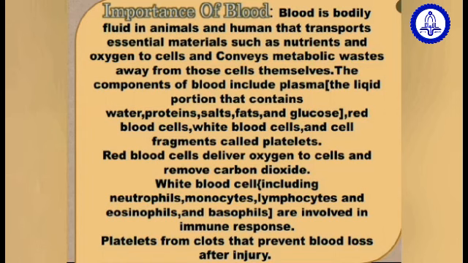Red blood cells deliver oxygen to cells and remove carbon dioxide. White blood cells, including neutrophils, monocytes, lymphocytes, eosinophils and basophils, are involved in immune response. Platelets form clots that prevent blood loss after injury.